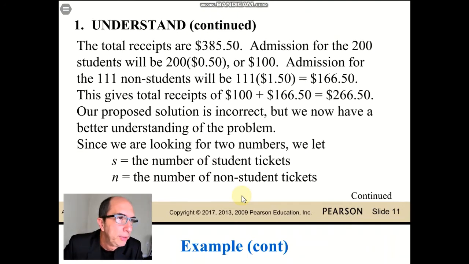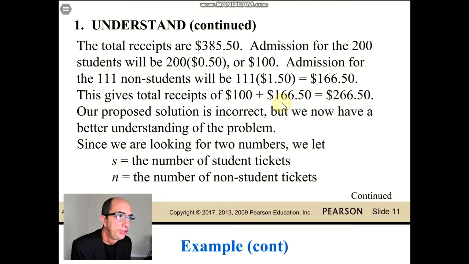The total receipts are $385.50. This is the total amount of money collected. The admission for the 200 students would be 200 times the ticket price for students, 200 times 50 cents, or $100. Therefore, admission for the 111 non-students will be 111 times 1.5 equals $166.50.